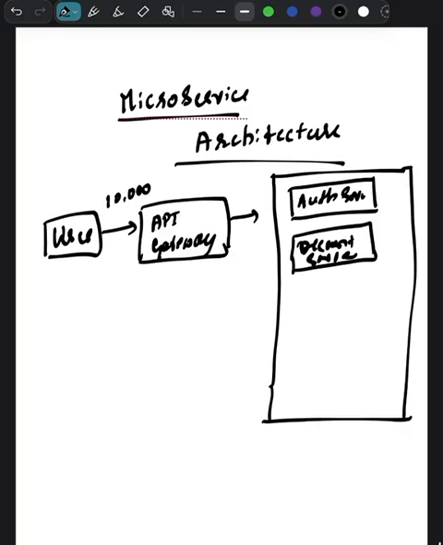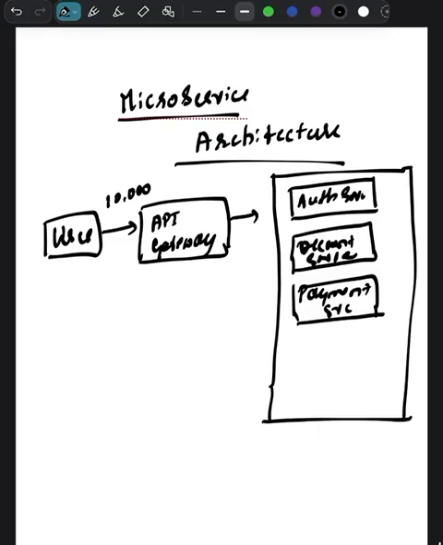If the user has sufficient funds in his account, the payment service processes the transfer from account A to account B.